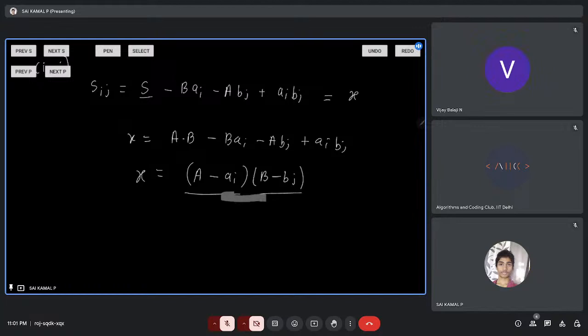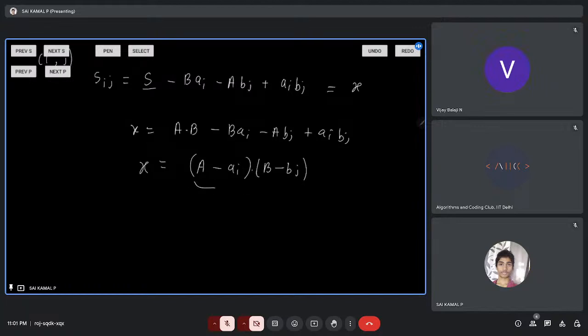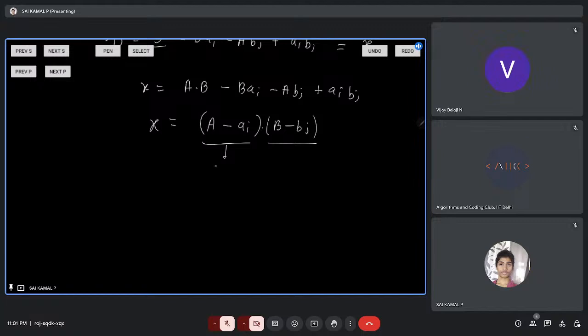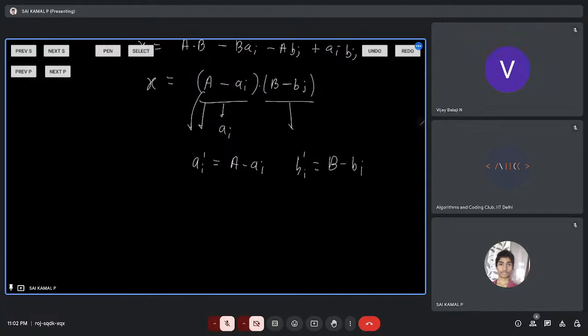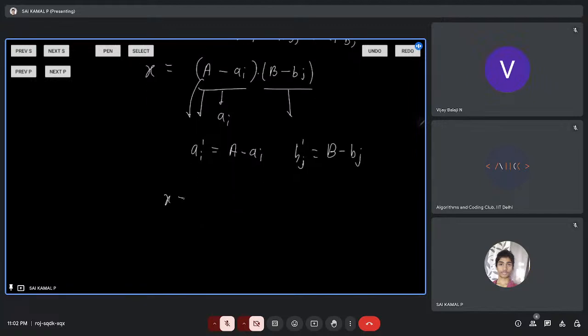But these two factors are independent of each other, so you can evaluate this one independently and this one independently. Essentially, if you evaluate A and B and set a_i' equal to A minus a_i and b_j' equal to B minus b_j, this can be done in O(n) time and this in O(m) time, and then you just need x equal to a_i' times b_j'.